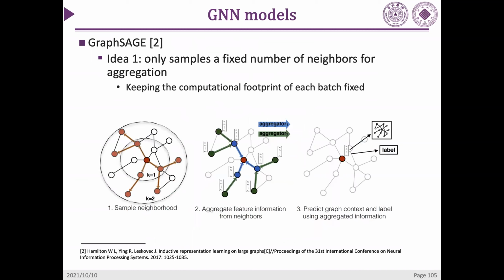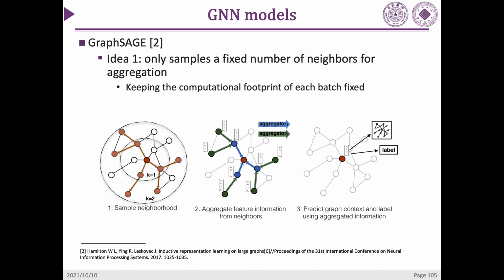And another kind of GNN is called GraphSAGE. In the previous GCN model, the number of neighbors varies a lot, so we cannot construct batches of the same size. That's why we can only perform full batch training. And when the graph becomes larger, the GPU memory may not be able to hold all the data.